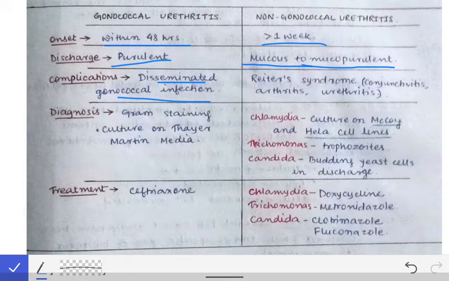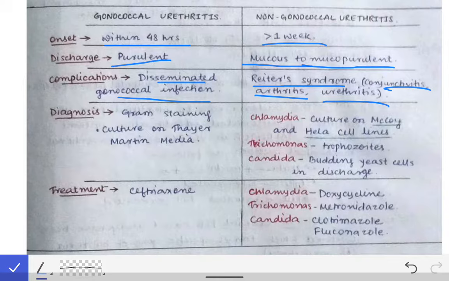In non-gonococcal urethritis, the complication is Reiter syndrome, in which we see conjunctivitis, arthritis, and urethritis as a triad of signs. So conjunctivitis, arthritis, and urethritis are seen all together in Reiter syndrome, which is a complication of non-gonococcal urethritis.